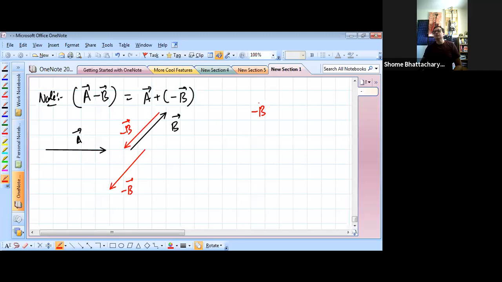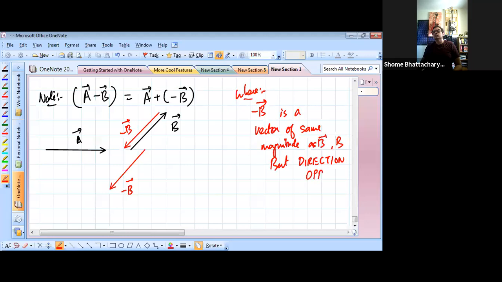So minus B is a vector of same magnitude as B. It's capital B. But direction opposite to B. So that's why this vector here has the same magnitude, but its direction is opposite.